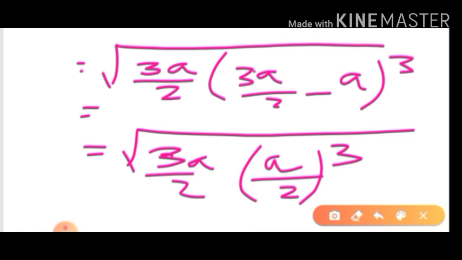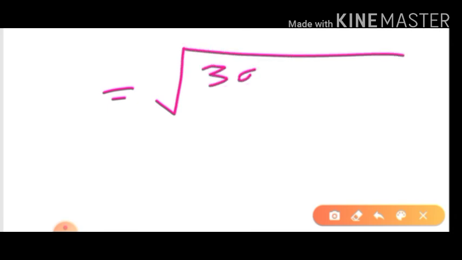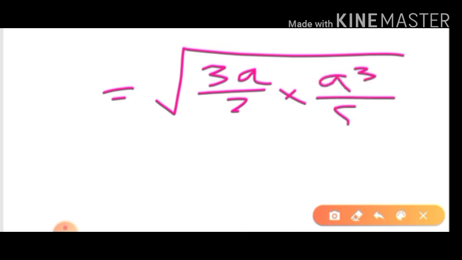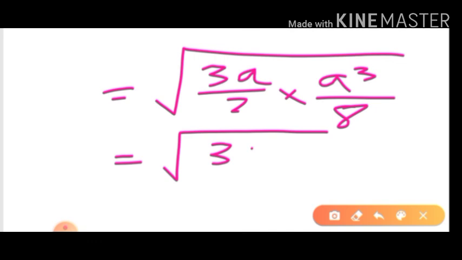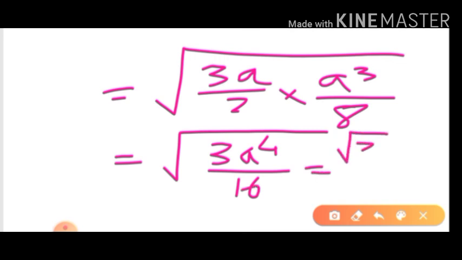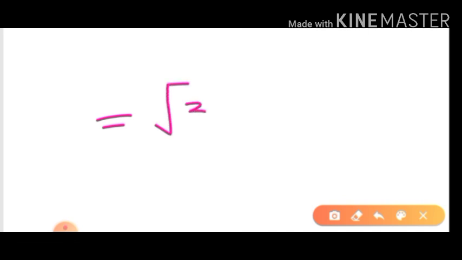On doing this, you will have 3a by 2 into a cube by 8 under the square root, which is the square root of 3a to the power 4 by 16, and that means root 3 a square by 4.